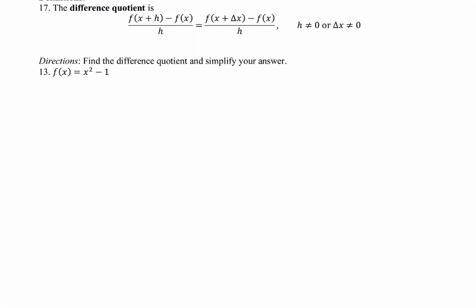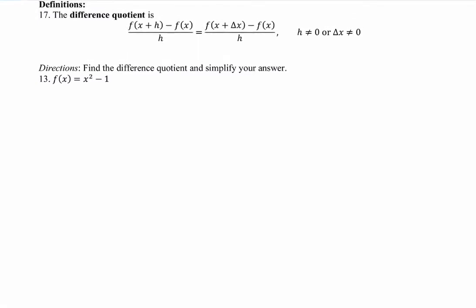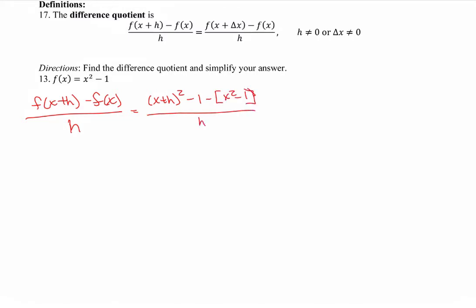So the difference quotient is f of x plus h minus f of x, all of that over h. So that's going to be parentheses x plus h squared minus 1 minus bracket x squared minus 1, close bracket, all of that over h.